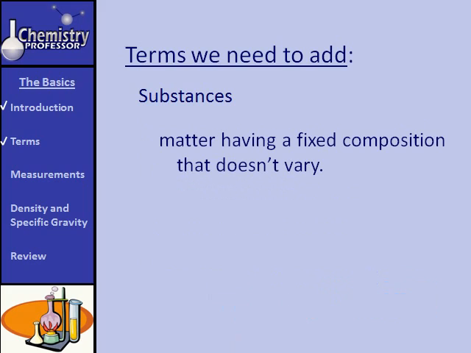Substances happen to be matter having a fixed composition that doesn't vary. If you have a particular substance, it doesn't matter what your source of that substance is, where you find it, or in what part of the sample you examine, the composition is fixed. It doesn't vary. So that means substances are limited to elements or compounds.